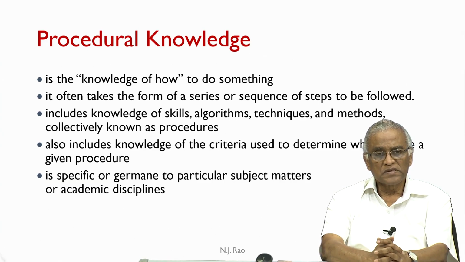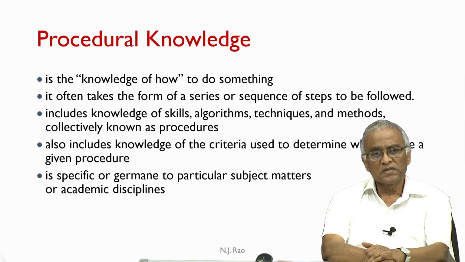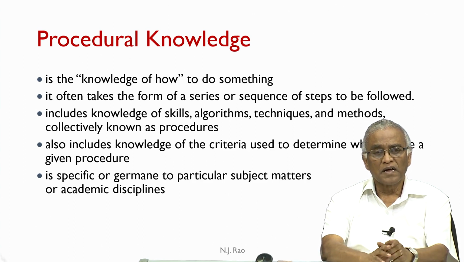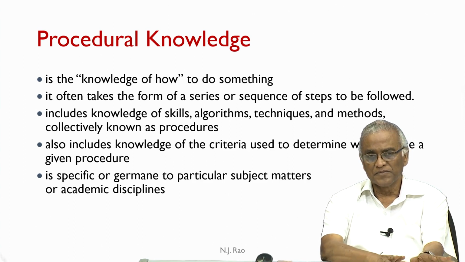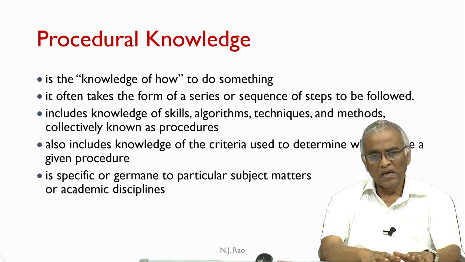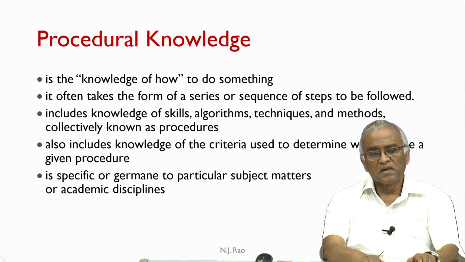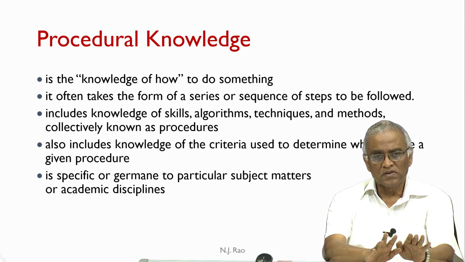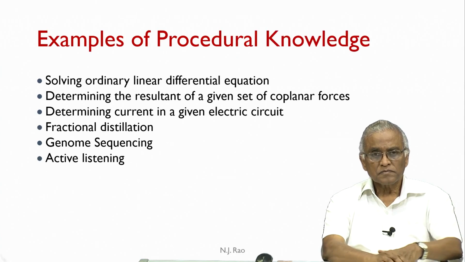It is specific or germane to a particular subject matter or academic discipline. A particular procedure that a subject evolves may not be applicable in some other subject, because the acceptable procedure is somehow collectively decided with respect to that subject matter by people working in that area.